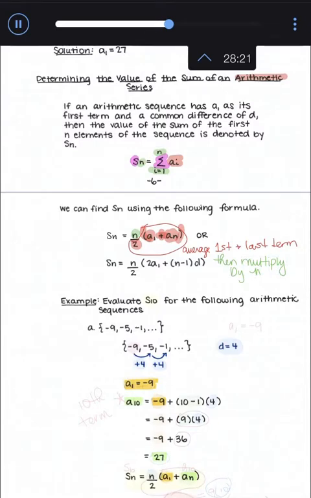So let's take a look at this. The formula below it is basically the same formula, just written a slightly different way. So let's look at an example. We've got a sequence on this first one, A of -9, -5, -1, and they want us to find S sub 10.